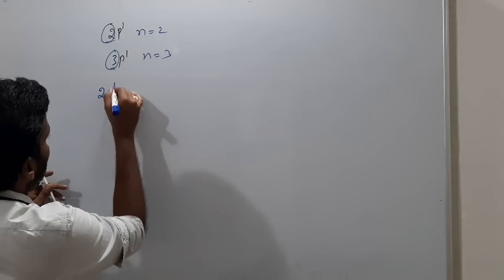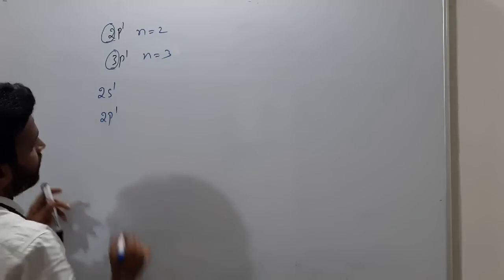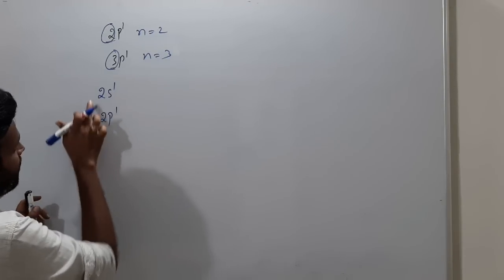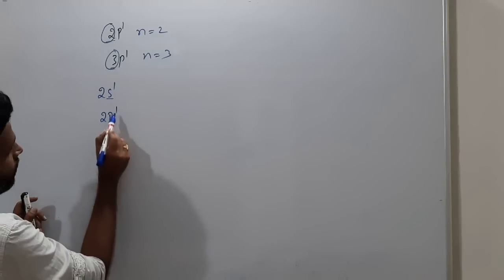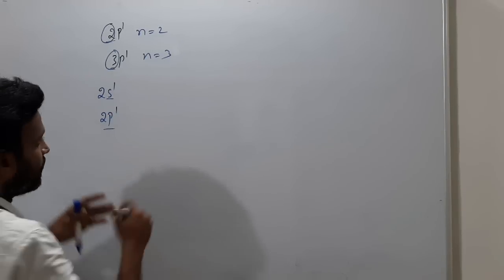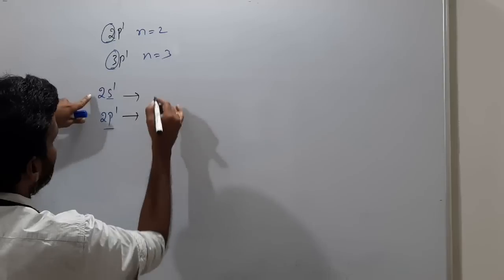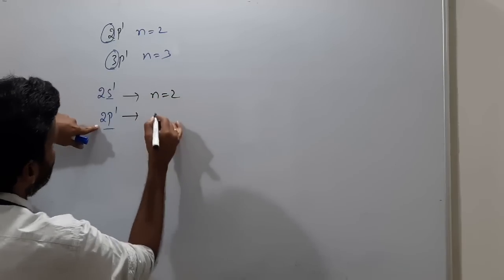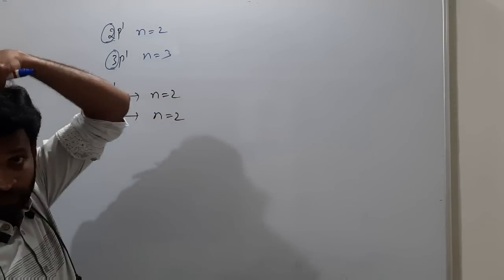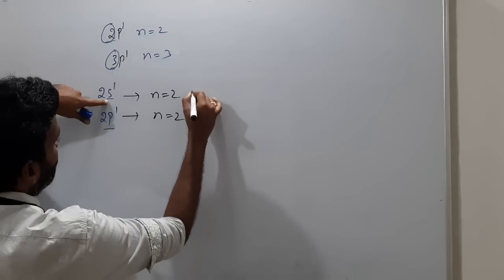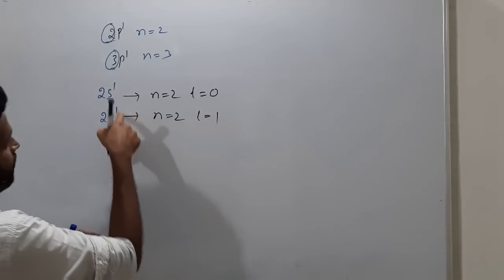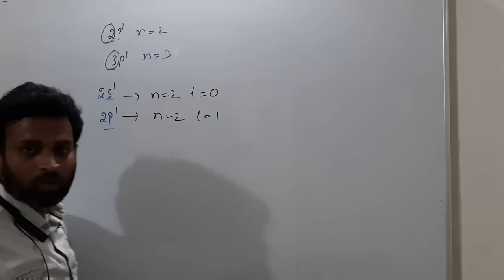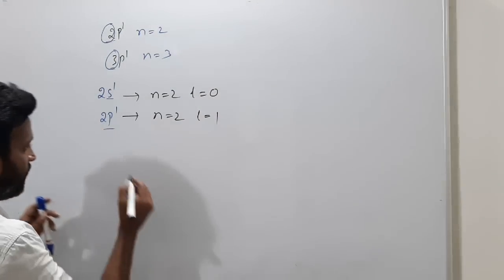Now, one electron I consider in the s subshell, one electron in the p subshell. Here n value is 2, here also n value is 2. But here l value is 0, here l value is 1. So for these two electrons, only the azimuthal quantum number is different.